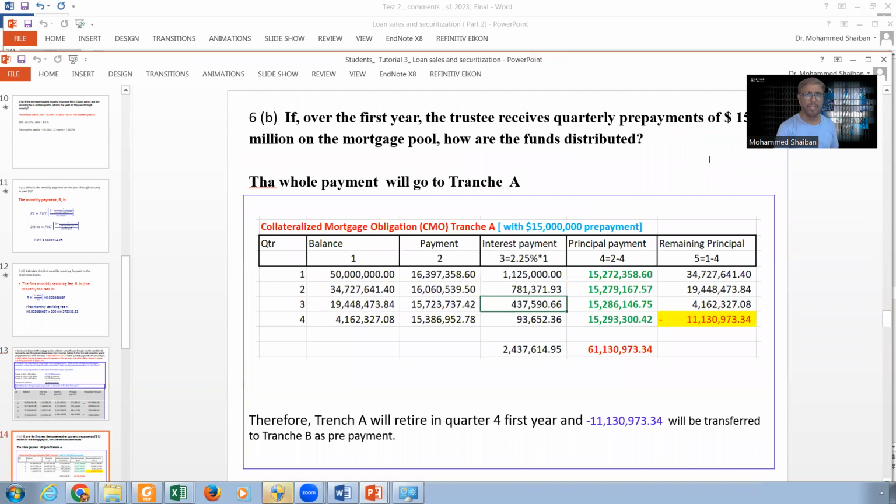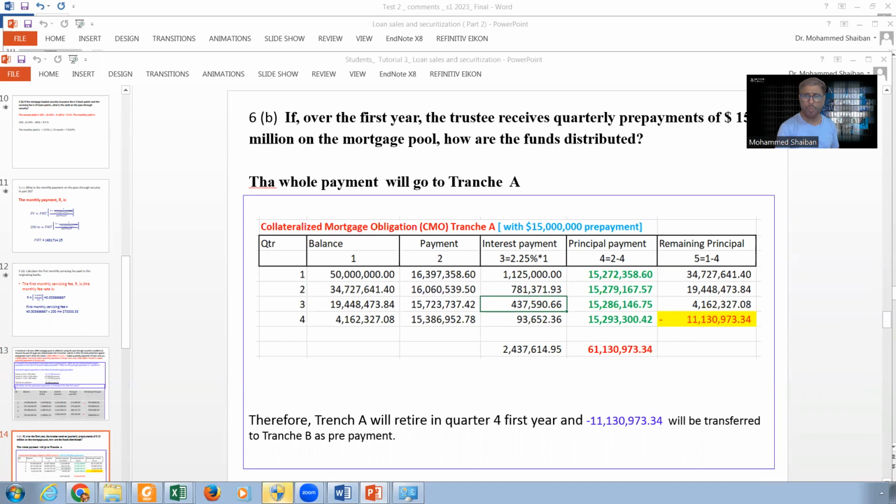Now, the other thing is, let me see, in securitization, we have what we call the loan payments.